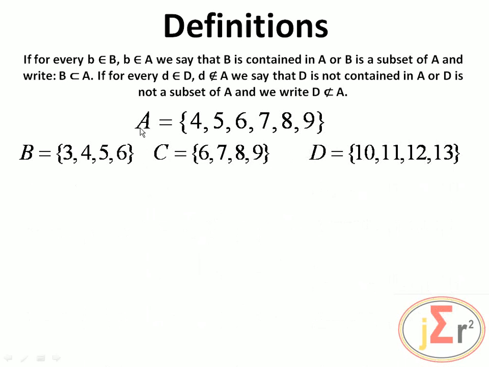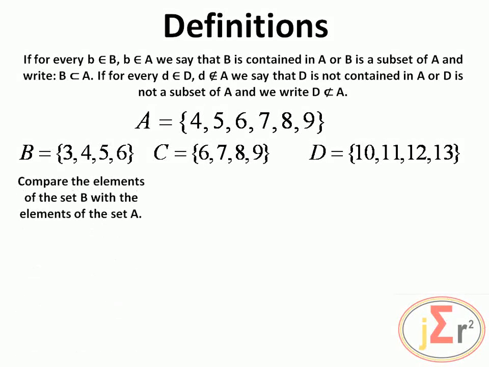There we have set A: 4, 5, 6, 7, 8, and 9. Those are the elements of A. And we have other sets, B, C, and D. Now we are testing to see if B, C, and D are subsets of A. So we compare the elements of set B with the elements of set A. We find 4 present, 5 is also present, and 6 is present.